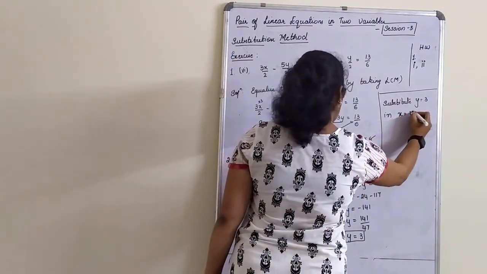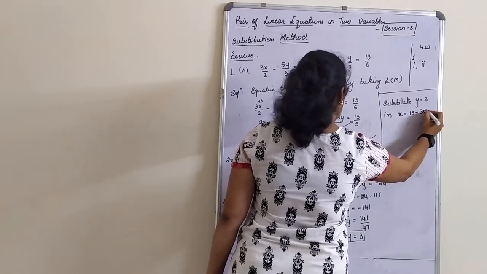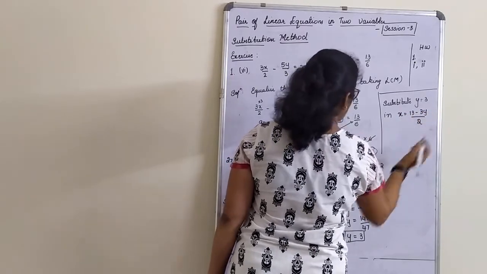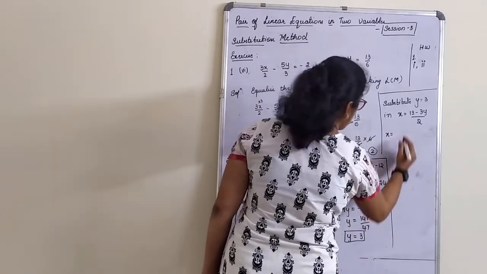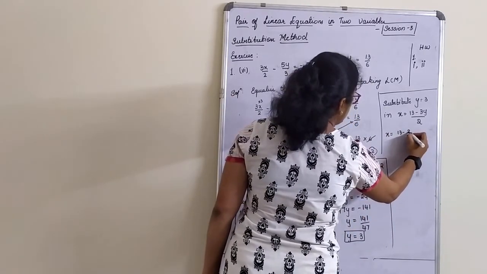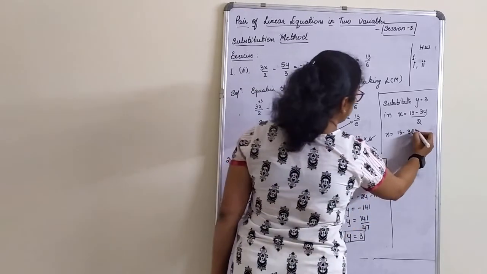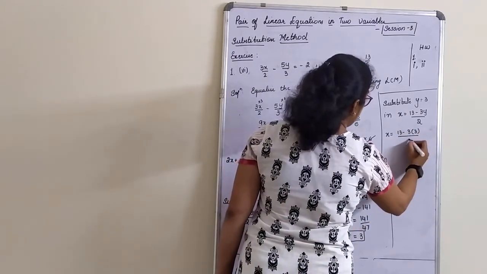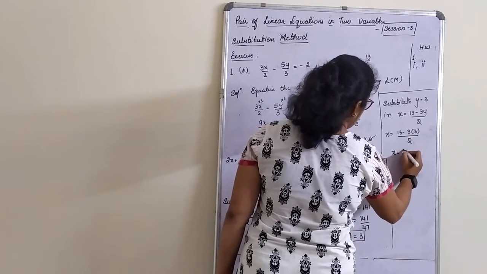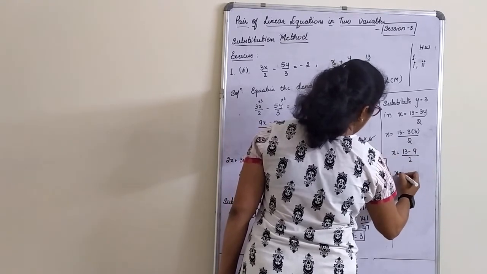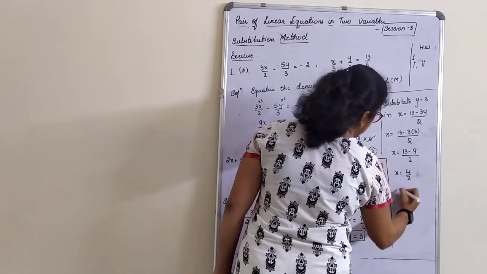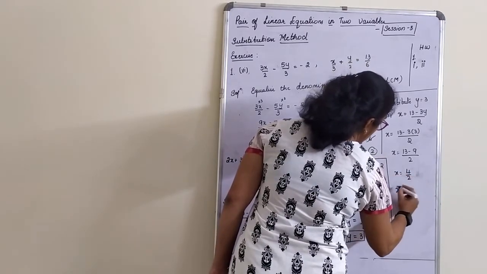x is equal to (13 minus 3y) divided by 2. So x is equal to 13 minus 3 into 3, divided by 2. x is equal to (13 minus 9) divided by 2. x is equal to 4 divided by 2. x is equal to 2.